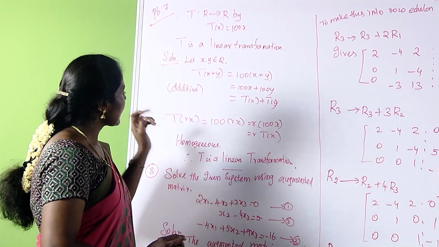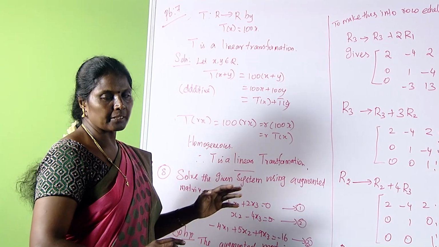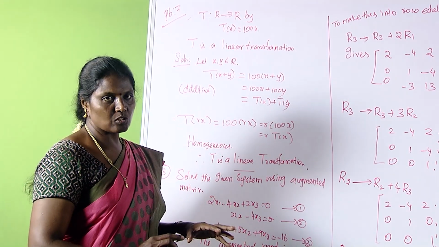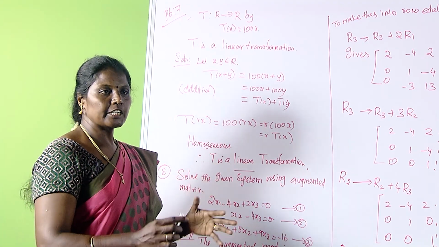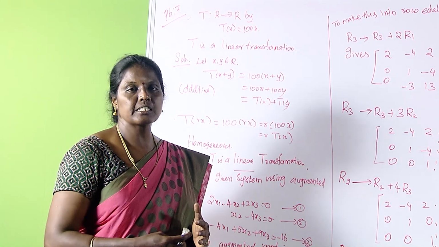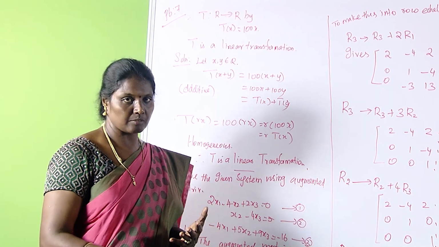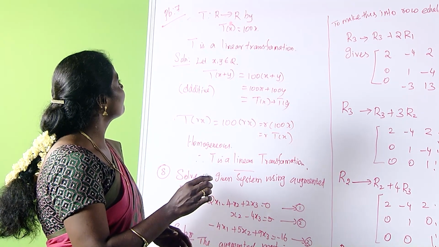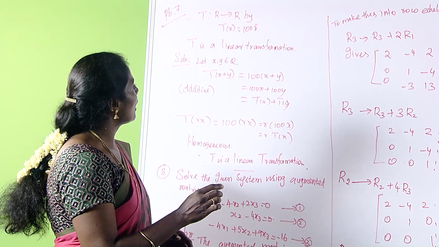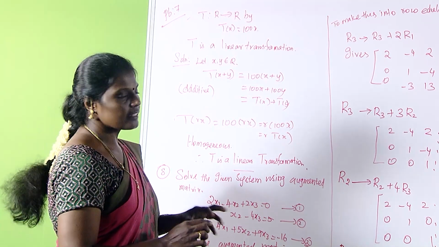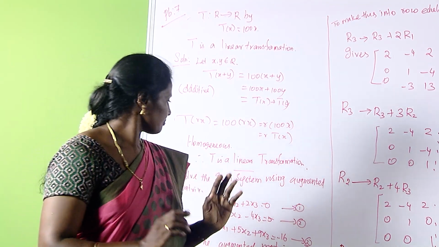So, T satisfies the additive property as well as the homogeneous property. If a transformation satisfies both, it is called a linear transformation. So, our given T from R to R by T of x equal to 100x is a linear transformation.